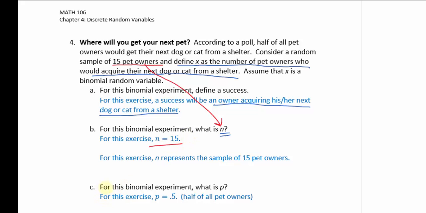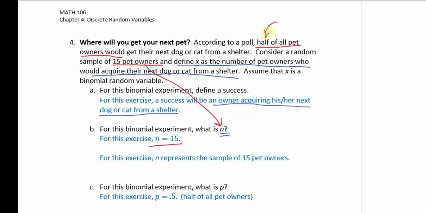And finally, for this binomial experiment, what is P? Remember, P represents the probability of success. So we are looking for our probability of success. It says half of all pet owners would get their next dog or cat from a shelter.